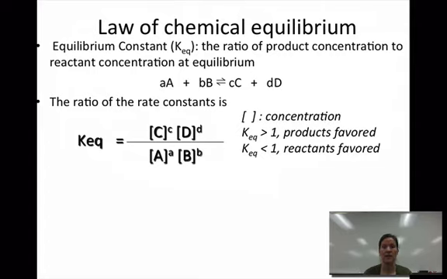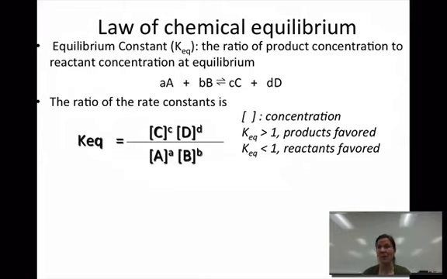Okay? So like the concentration of C to the c, and the concentration of D to the d, to the coefficient on each substance. So you can see for Keq, it's just a ratio of the amount of product versus reactant. We take into account the coefficient, and the reason is because that tells you how these things are all related in terms of their recipe. So you have to take that into consideration.